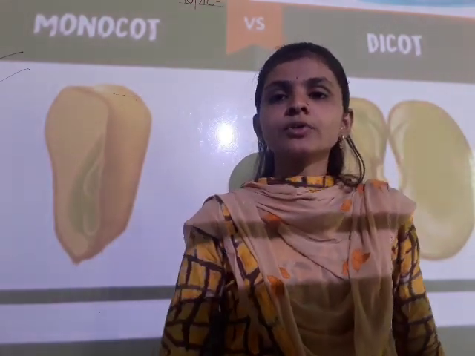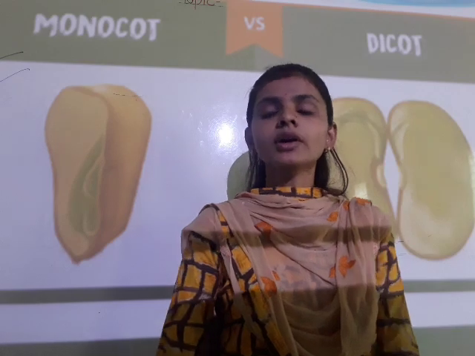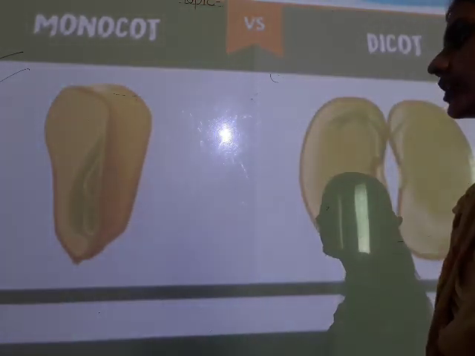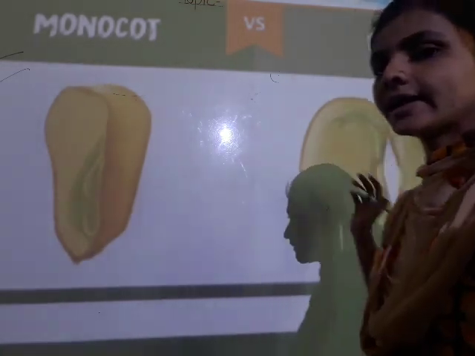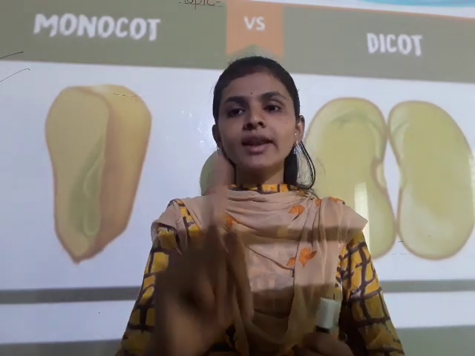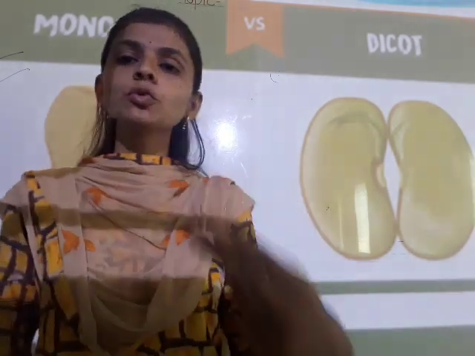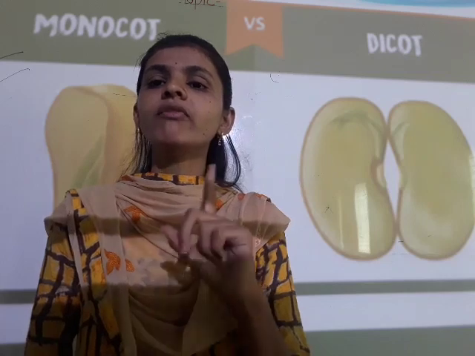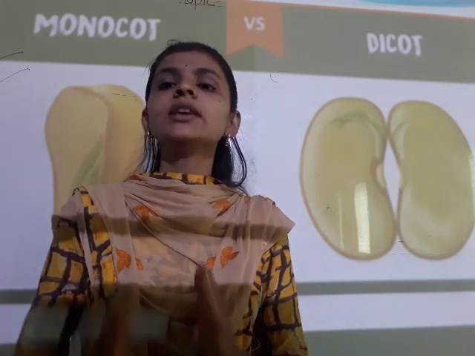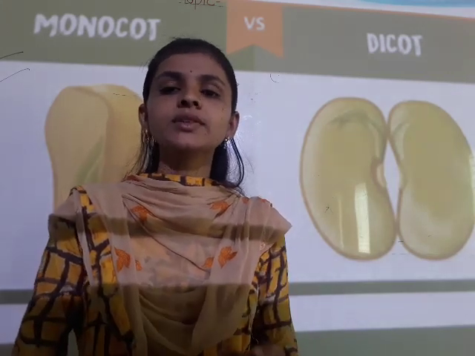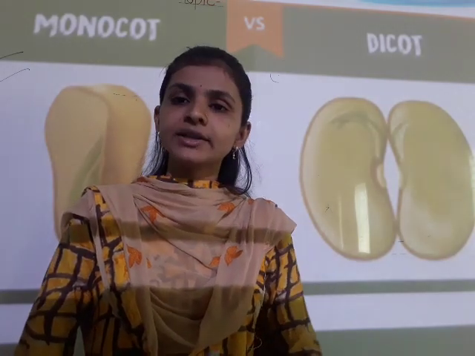And next we are going to discuss the monocot and the dicot. Monocot and dicot डायग्राम से ही आपको समझ में आएगा। जो भी पिक्चर यहाँ पे दिखाया है, मोनो मीन्स 1 and di means 2. The plant who is having only one seed is known as the monocot, and the plant who is having 2 seeds is known as the dicot.